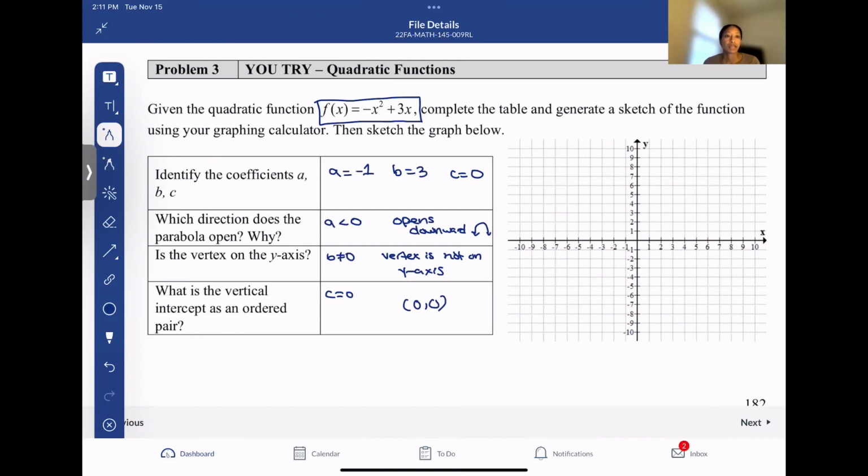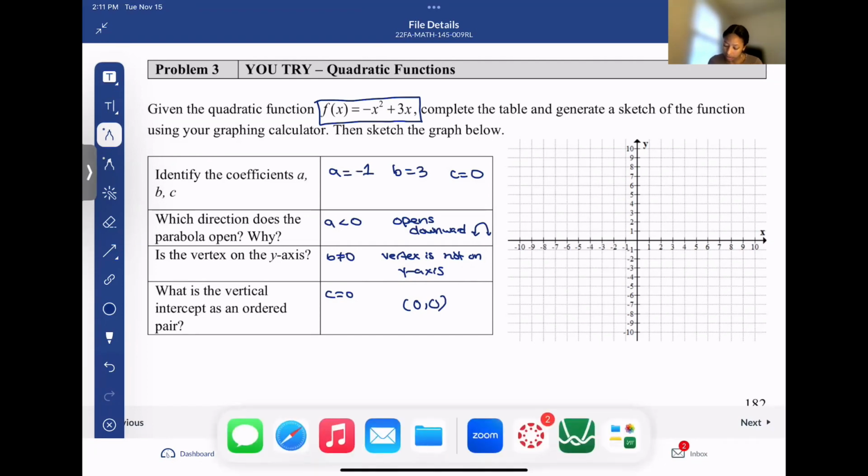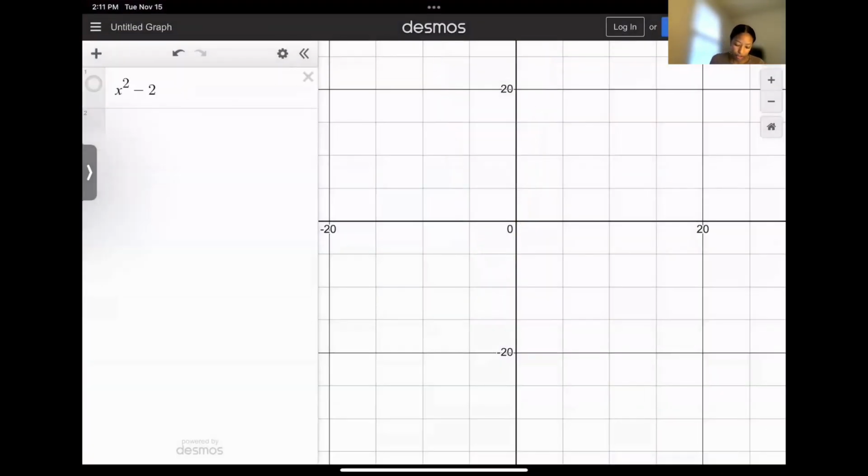All right. Next, we're asked to complete the table and give a sketch of the function. We don't really have enough information to sketch the graph quite yet, but we can graph it and then show what the graph looks like and sketch it here and confirm whether or not all of these things are true. So let's go to Desmos and graph this function.